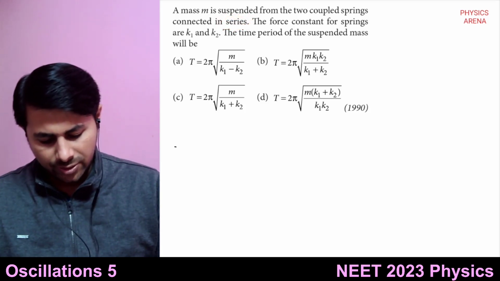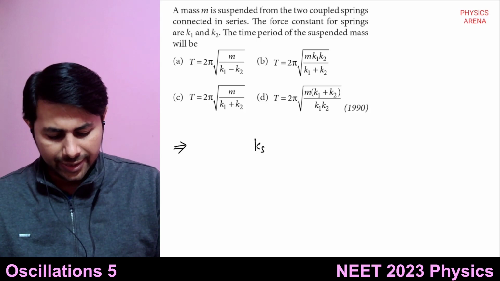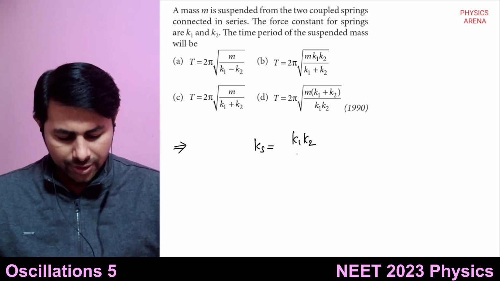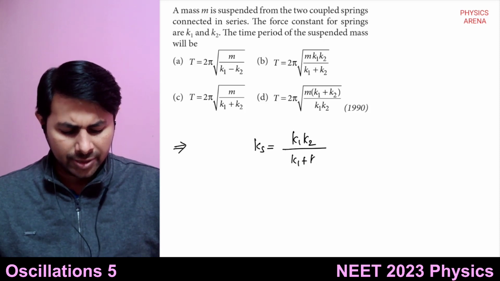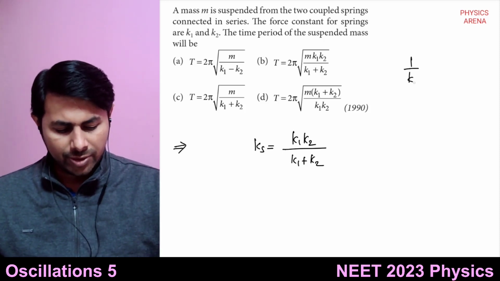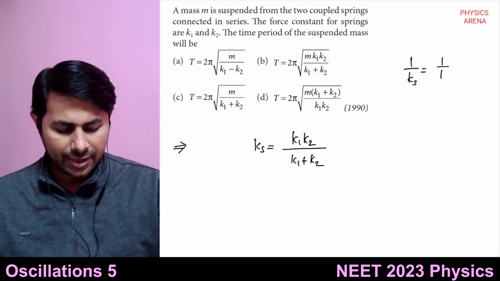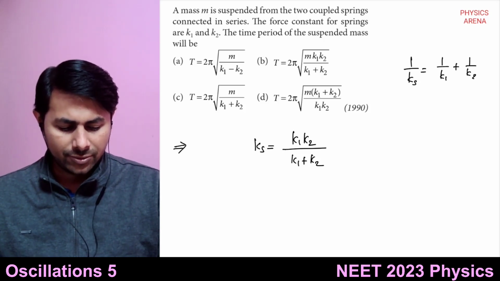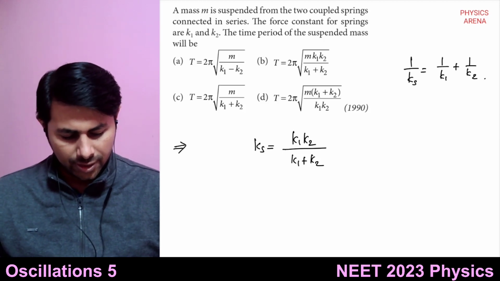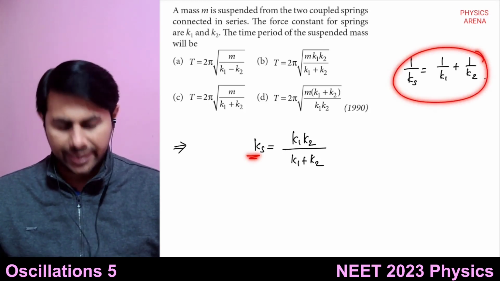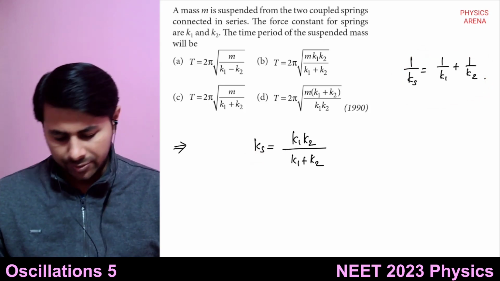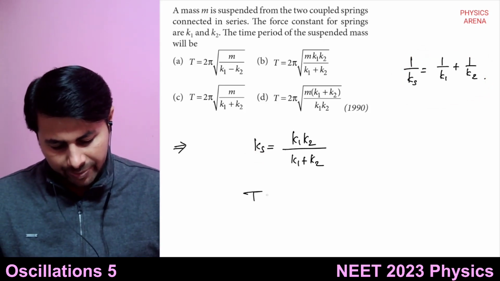So in series combination, find out Ks, it is equal to K1 K2 upon K1 plus K2, if there are only two springs, using the formula 1 upon Ks is equal to 1 upon K1 plus 1 upon K2. So Ks is K1 K2 divided by K1 plus K2, and time period will be equal to what?